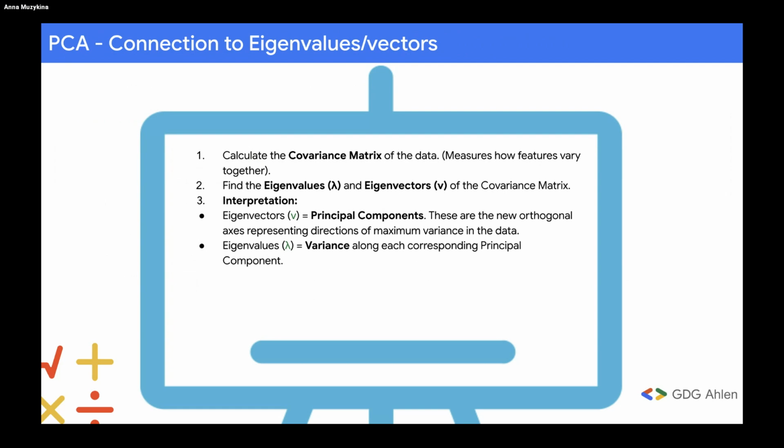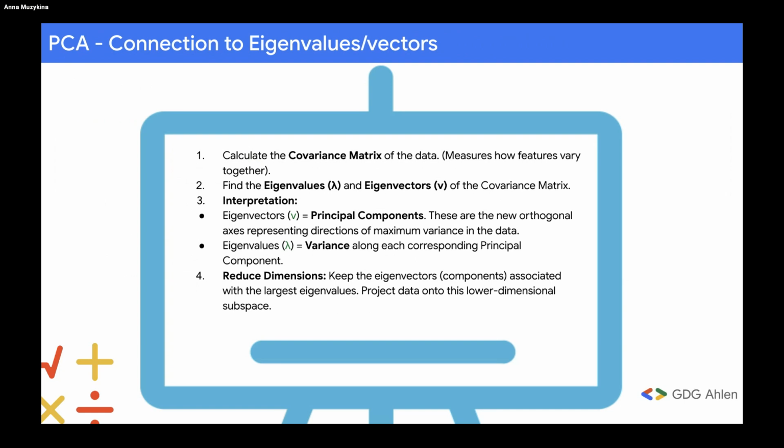The first eigenvector points in the direction of maximum variance. The second, orthogonal to the first, points in the direction of the next highest variance, and so on. The eigenvalue corresponding to each eigenvector tells you exactly how much variance exists in the data along the specific principal component's eigenvector direction.